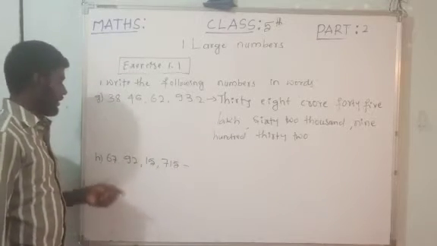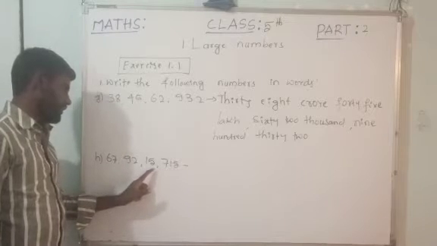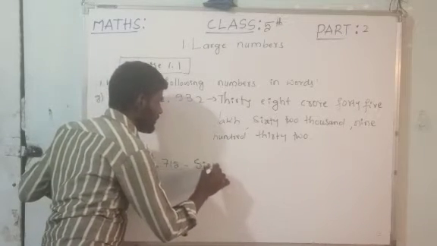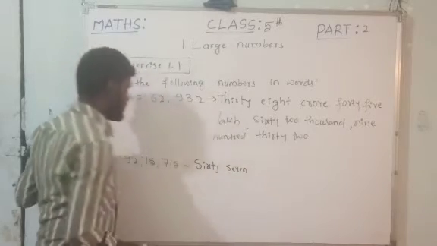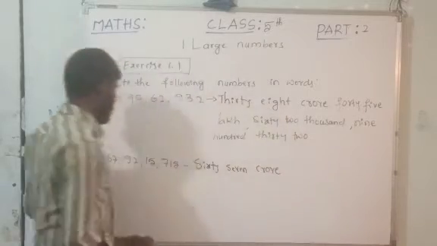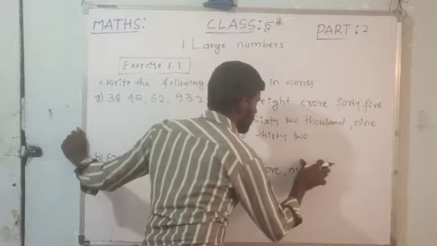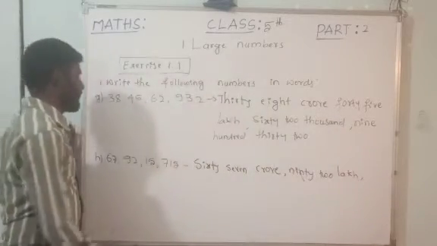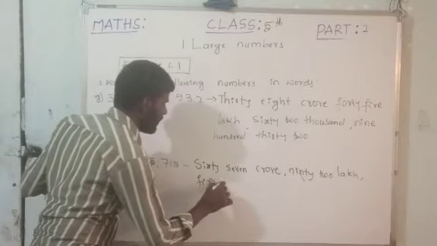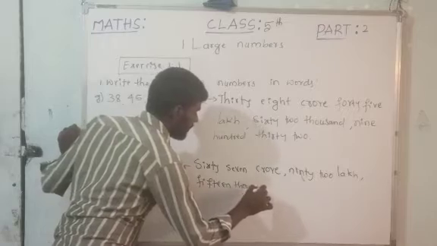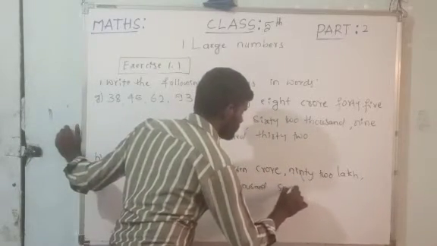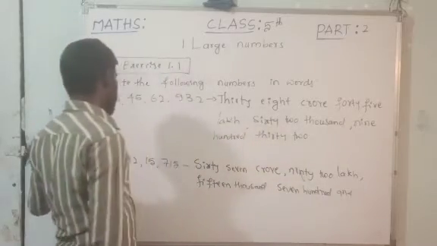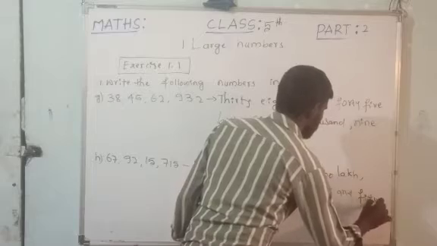Then the second question. Again you need 10 crore, 10, 100, 1000 to 10,000, lakh to 10 lakh, crore to 10 crore. 67 crore, 92 lakh, 15,000, 700 and 15.